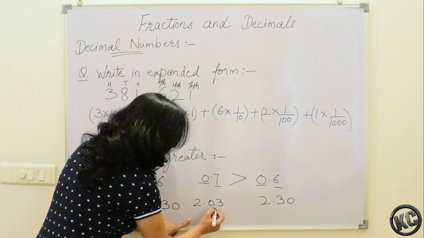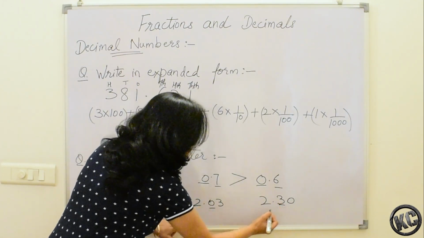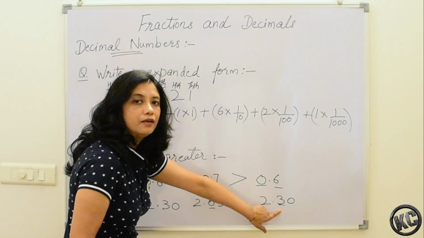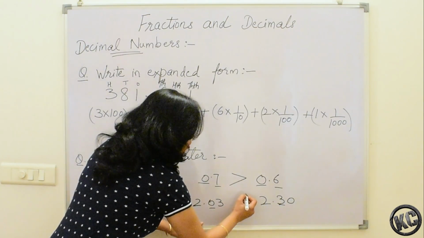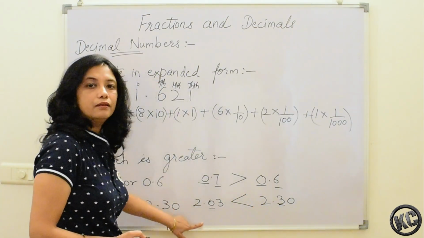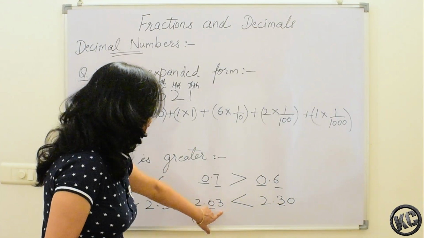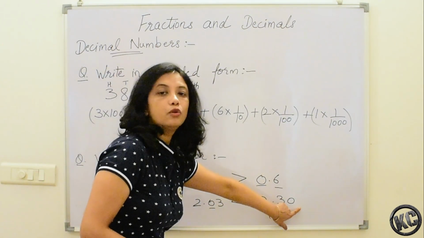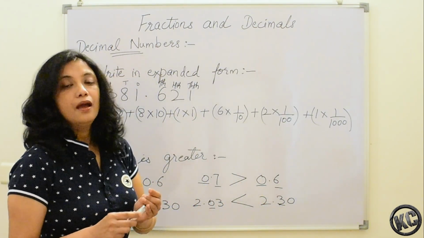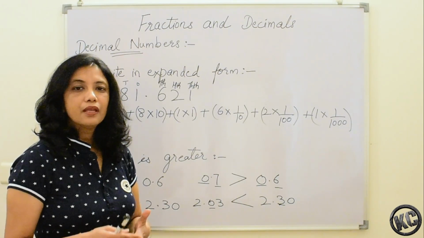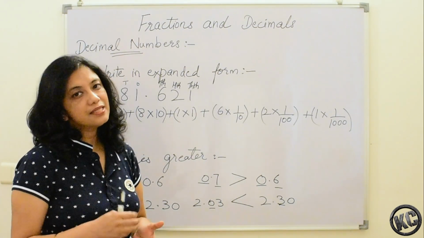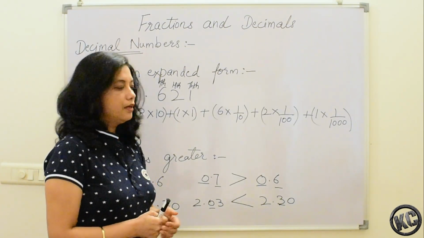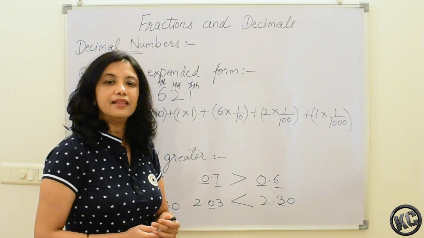In the tenths place, this is 0 and this is 3. Which one is bigger? 3 is bigger than 0. So this number will be greater. 2.03 is less than 2.30. So we will compare each digit one by one and see which one is greater, and then find which number is greater than the other.